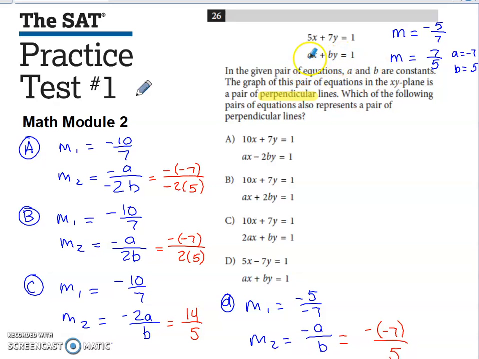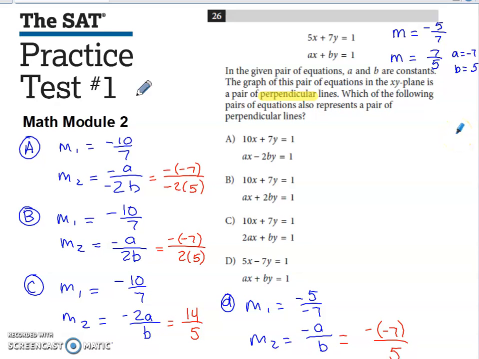The reason why: to find the slope of this line, I would subtract A, and then I would divide by B. So if I have minus A divided by B as the coefficient of x, and I need this to be the answer in order for the lines to be perpendicular, I would need negative negative A to generate positive 7 divided by 5 in that denominator.